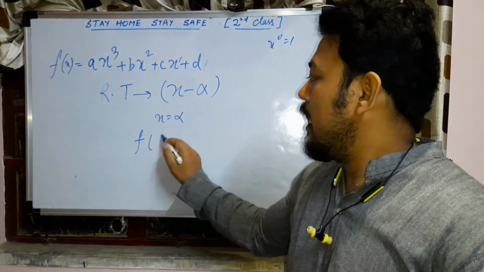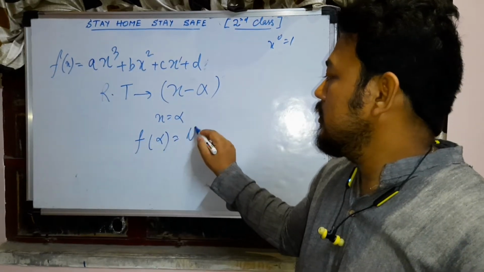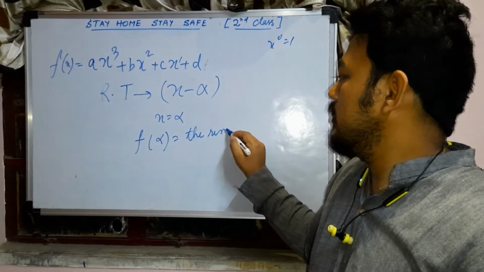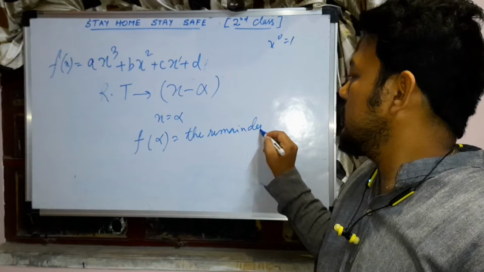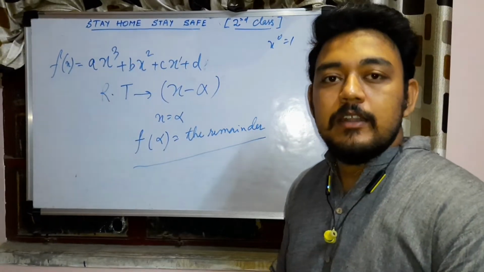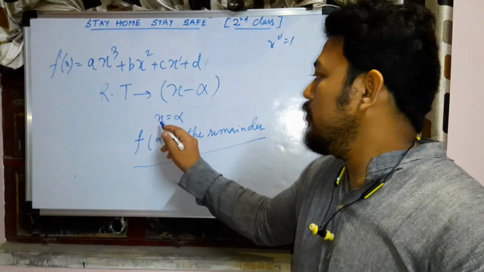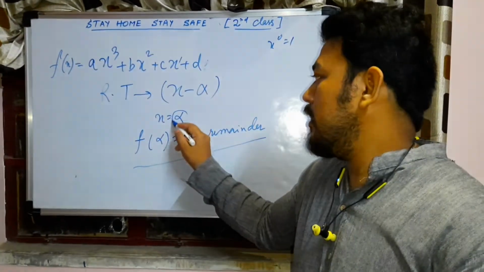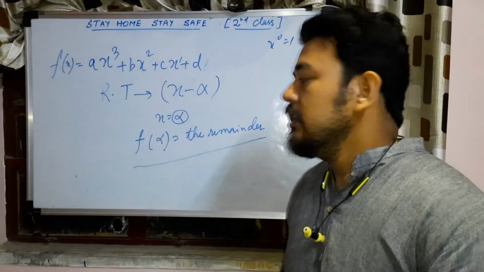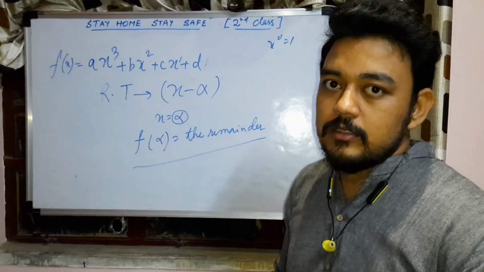So f of alpha is equal to the remainder. This is the remainder theorem. That means if x minus alpha is there, we will take out x, and if we put this value in this equation, then we will get the remainder.